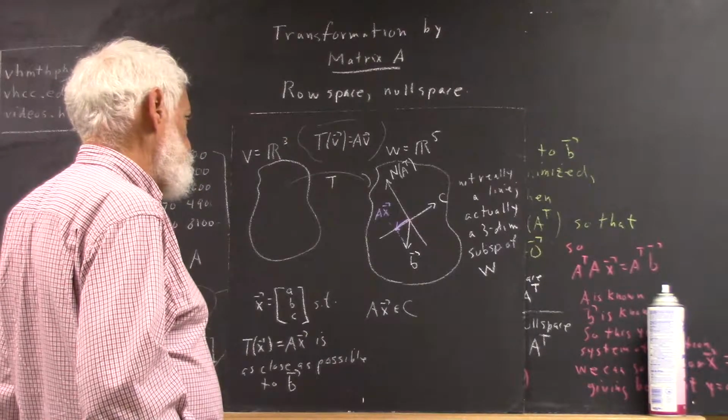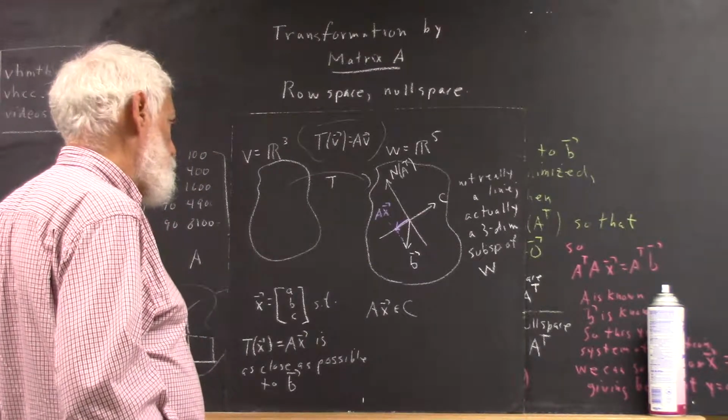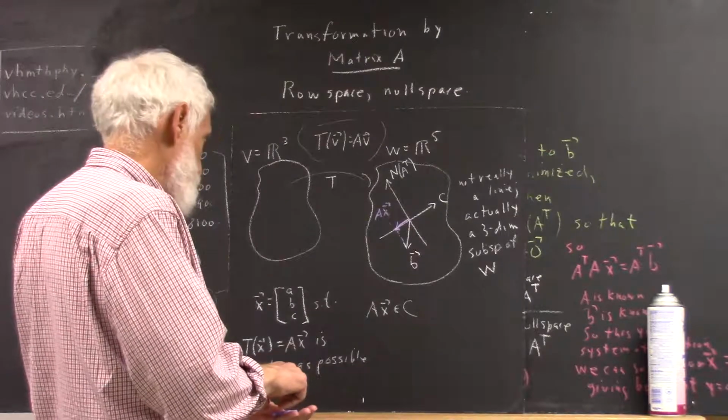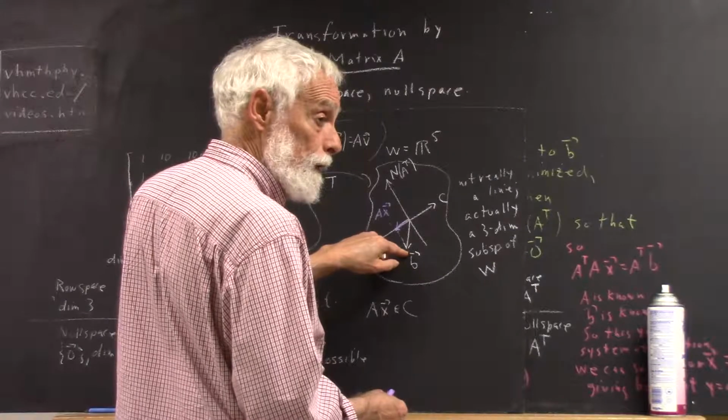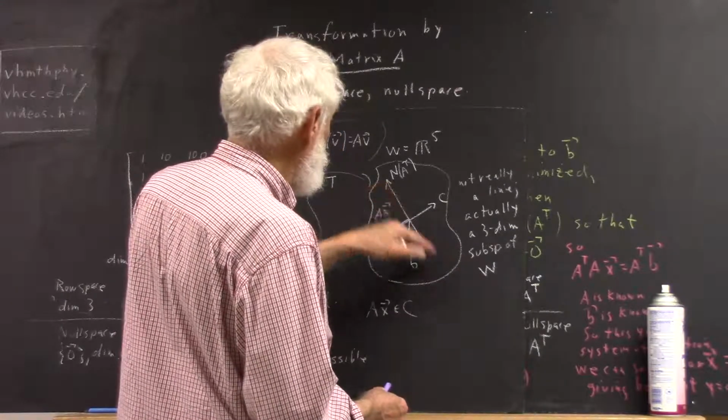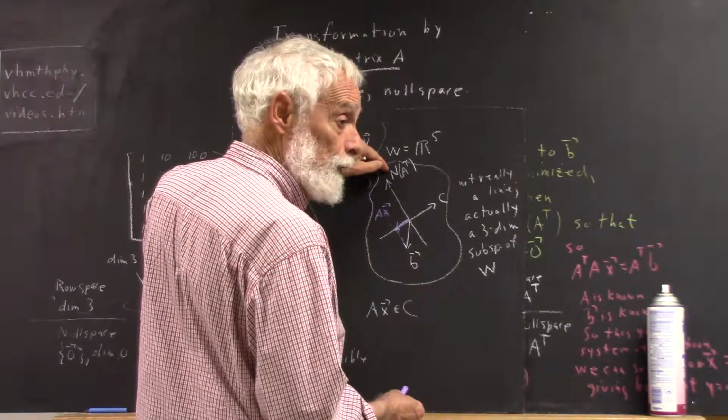So that AX is equal to B added to some vector in N of A transpose.